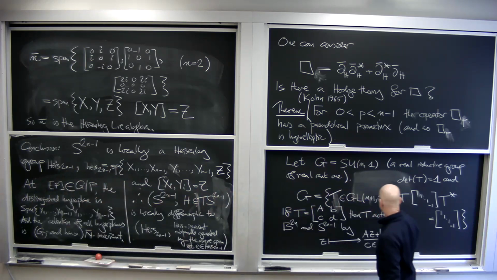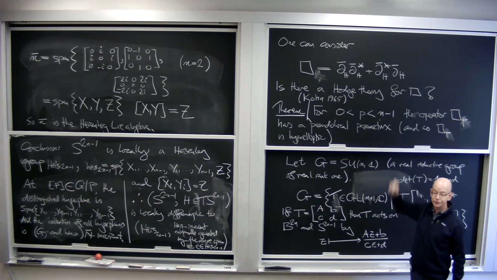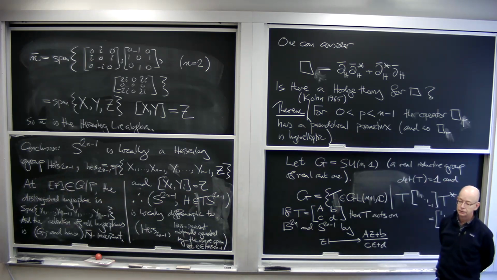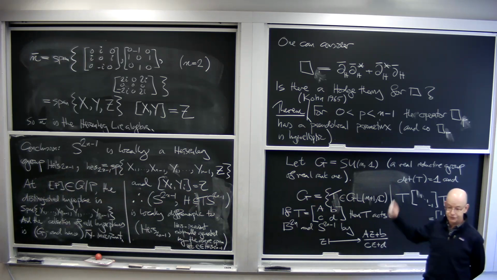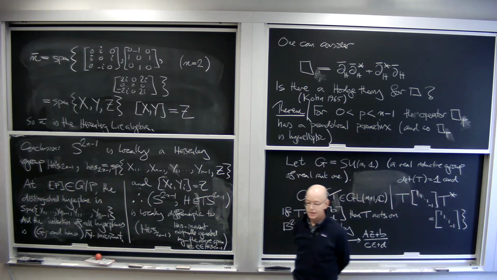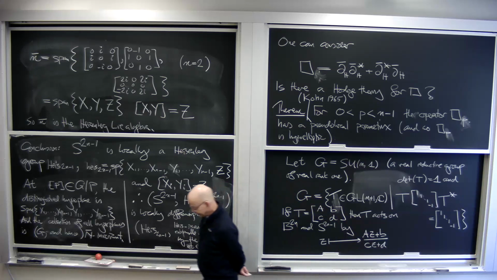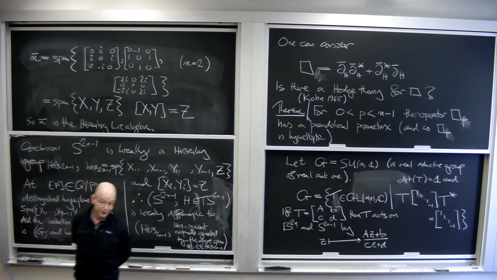Yeah, well, they're like Mobius transformations. Everything sits inside of this group G. Yeah, these are diffeomorphisms of the Heisenberg group.